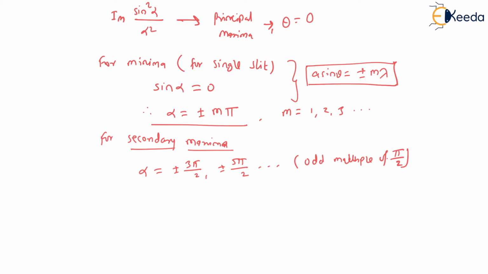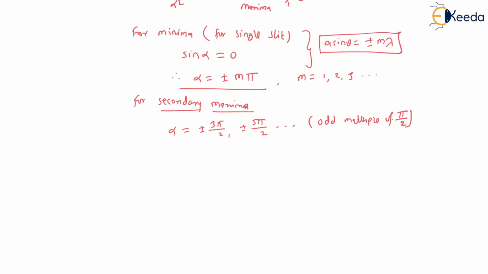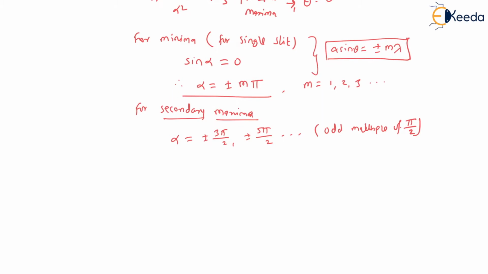Now come to the component cos square beta, that is the interference component. So here I'll write according to interference. Now remember that there is a basic difference between interference and diffraction.